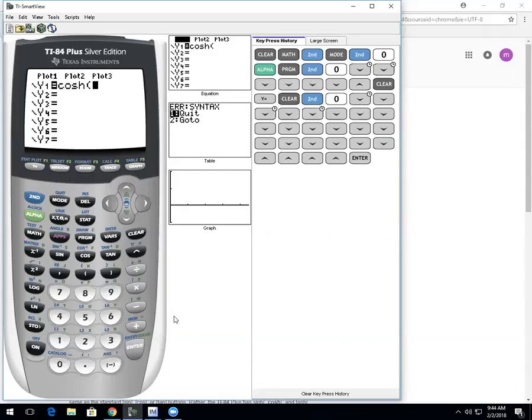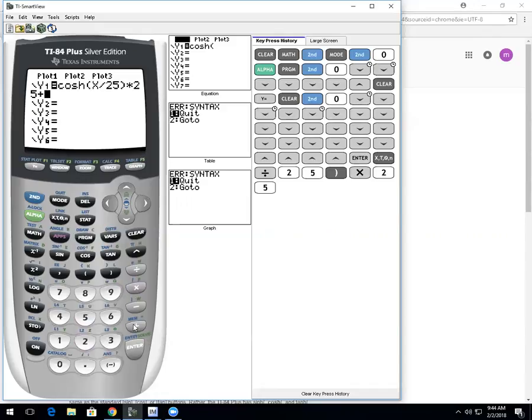Y equals cosh of x over 25. I didn't type in the rest of the equation first, but I can say that times 25 plus 18, and it should be the same thing. Because the calculator's going to do x divided by 25, and then it's going to take cosh, and then it's going to multiply that by 25, and then it's going to add 18.